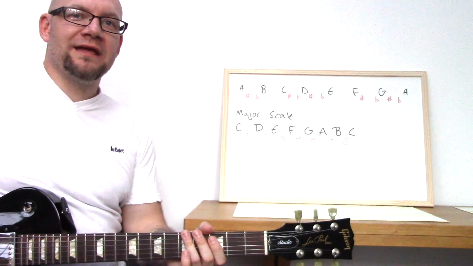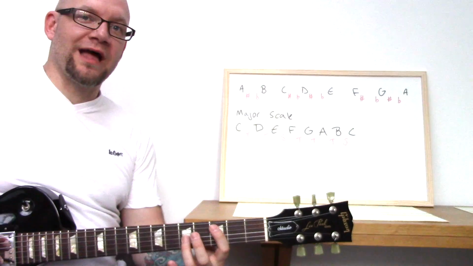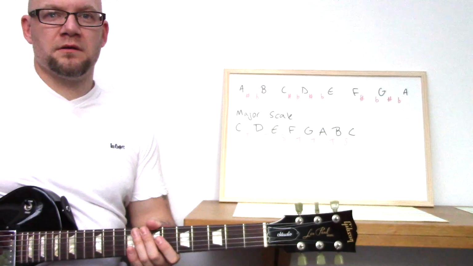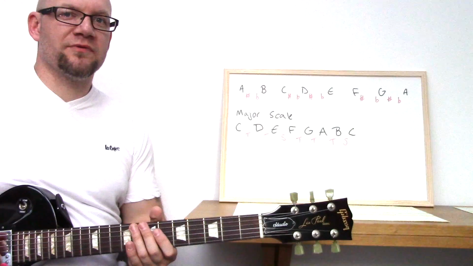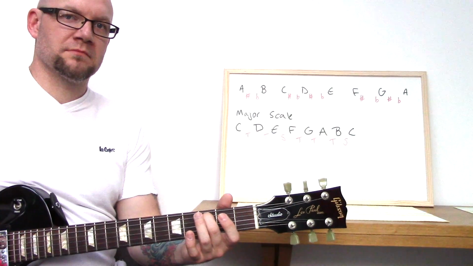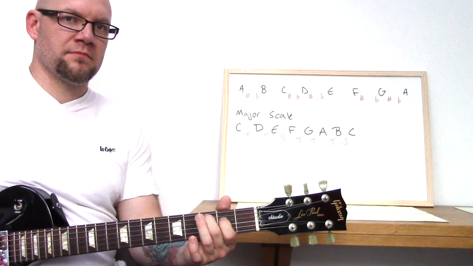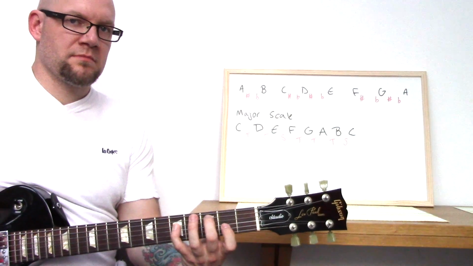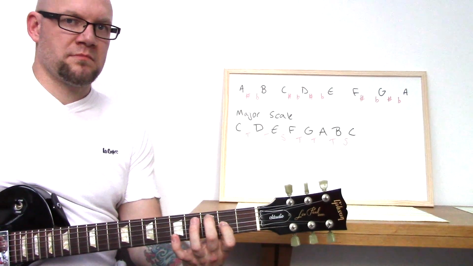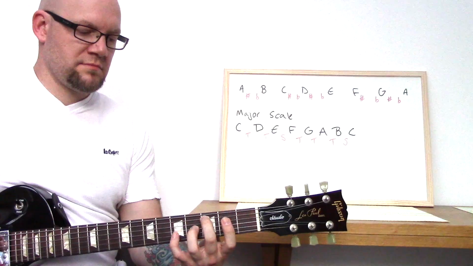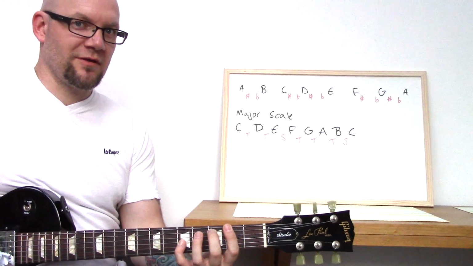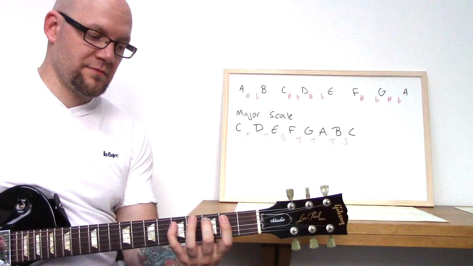And then the C to the next C, as we've already discussed, is an octave. So how do those notes sound when they're played together? Okay, so that is your intervals.